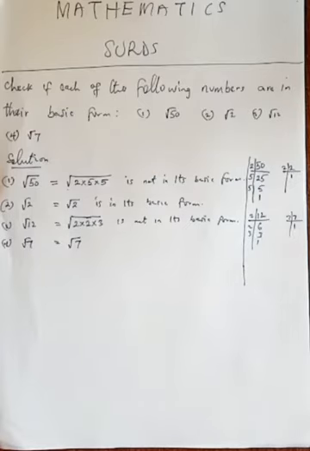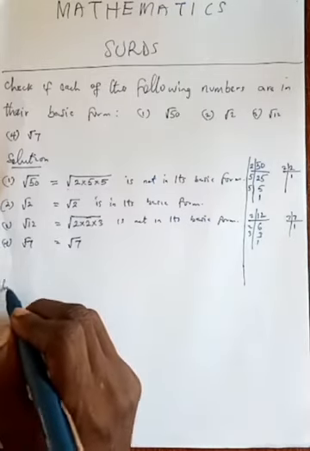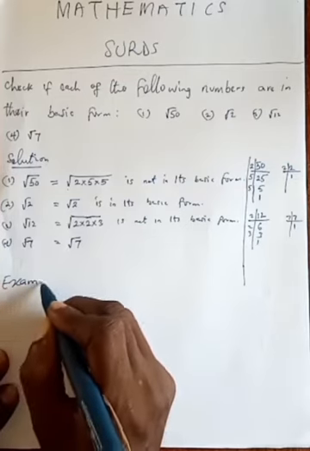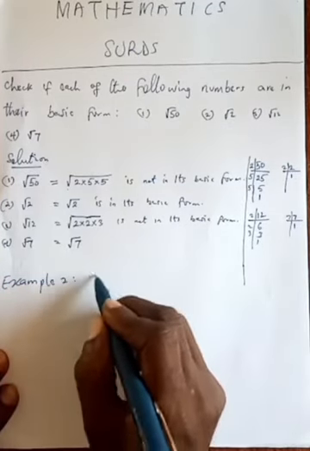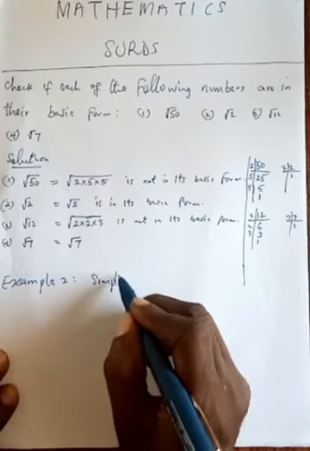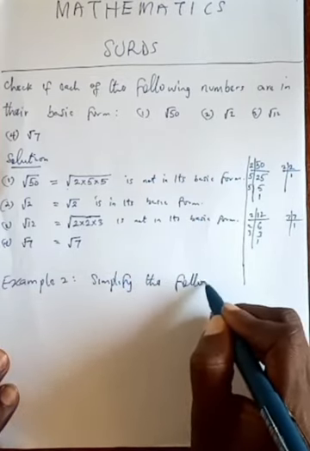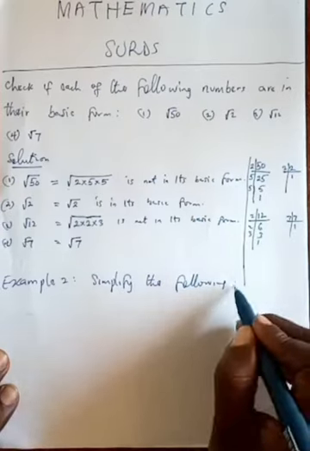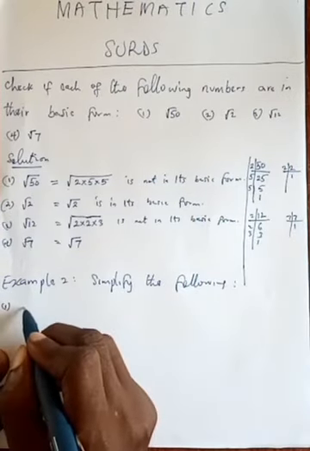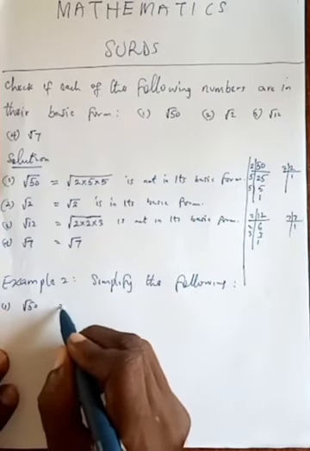So we now move to an aspect which talks about simplifying. In that case, I'm going to illustrate it with an example. Example 2: simplify the following. Number 1, I have root 50.